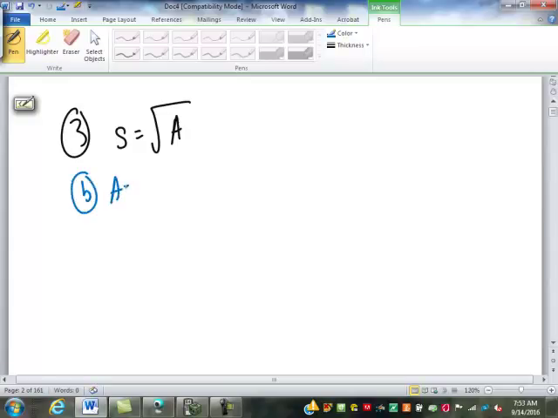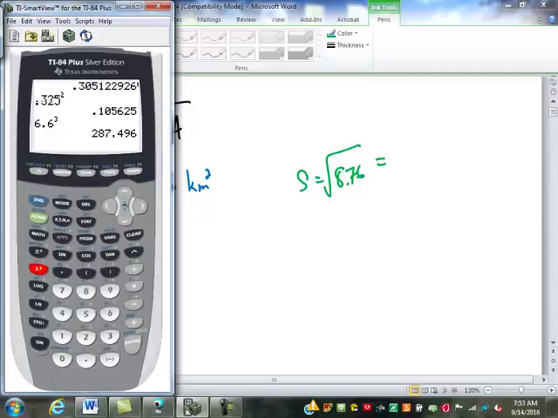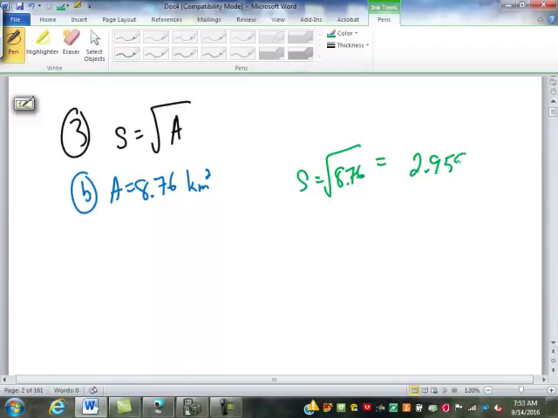If our area is 8.76 kilometers squared, our side is the square root of 8.76, which is 2.9597. This is going to 2 decimal places, so it's going to round to 2.96, and it's just going to be kilometers. If you square root kilometers squared, you just get kilometers.